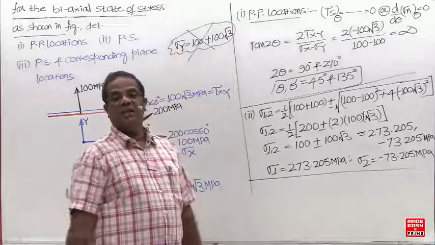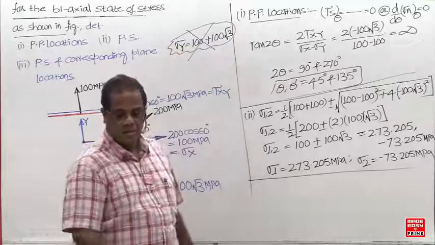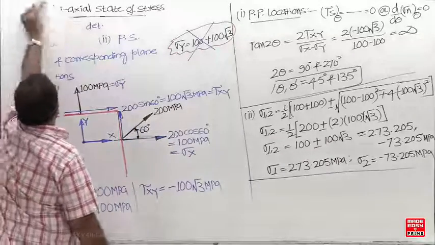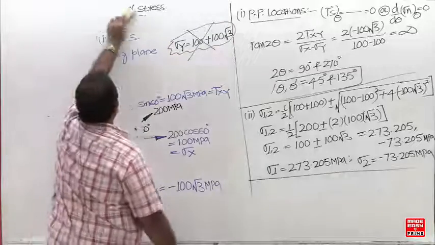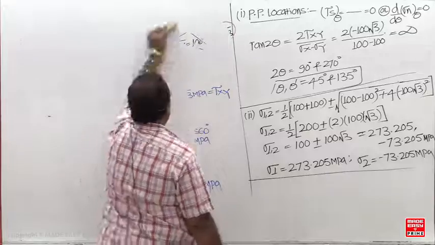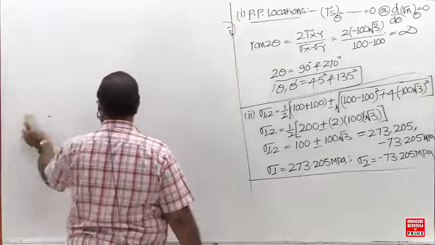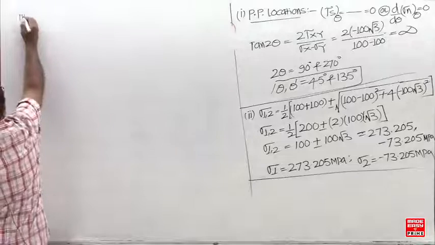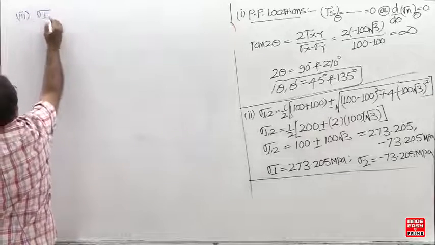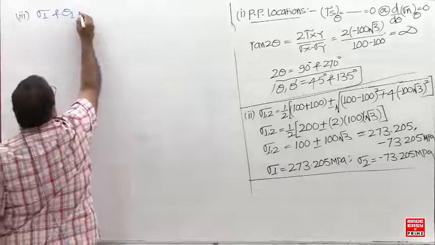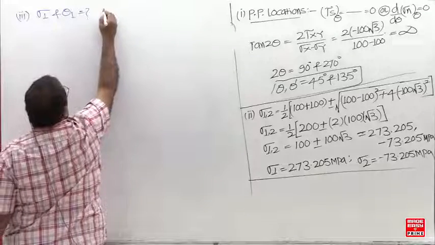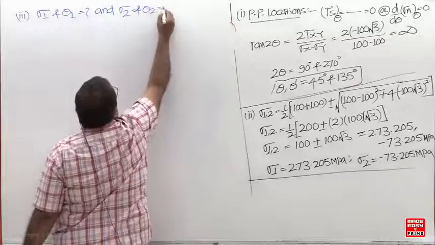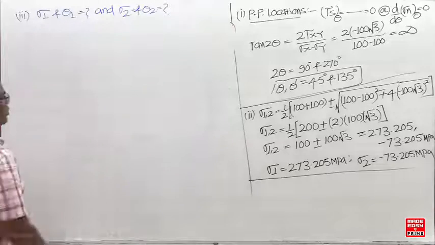Now if we ask for sigma 1 and theta 1, sigma 2 and theta 2, then in that case, what do you have to do now?